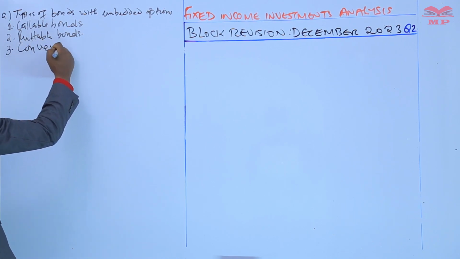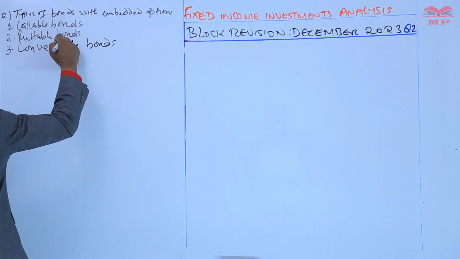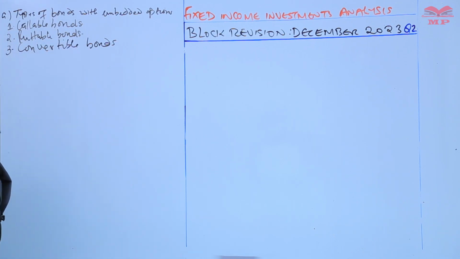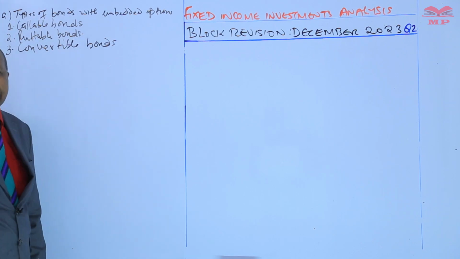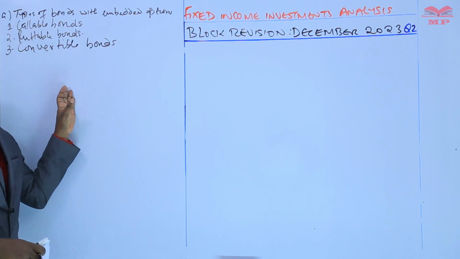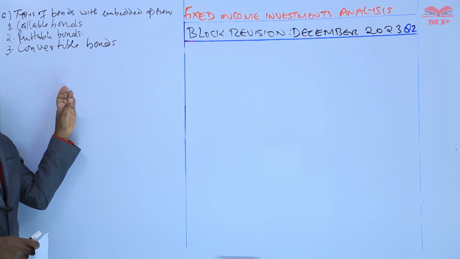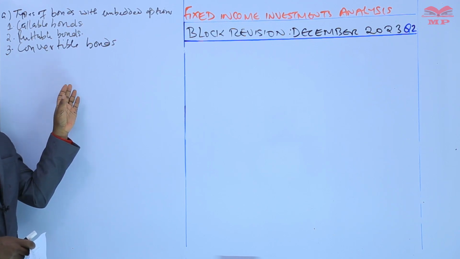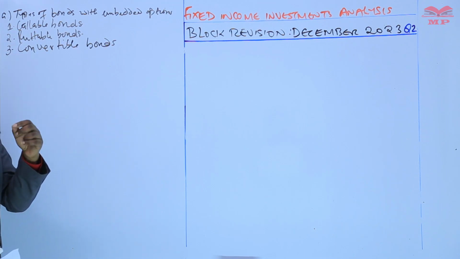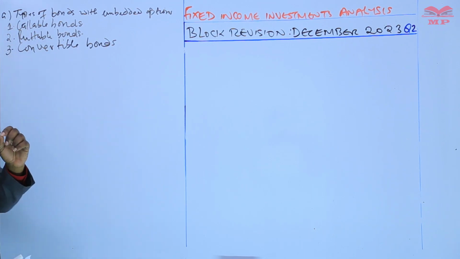3, convertible bonds. You can guess the meaning, candidates, from the word converting. These bonds come with the option to convert the bond into a predetermined number of shares of the issuer's common stock at a specific price and specific time frame.